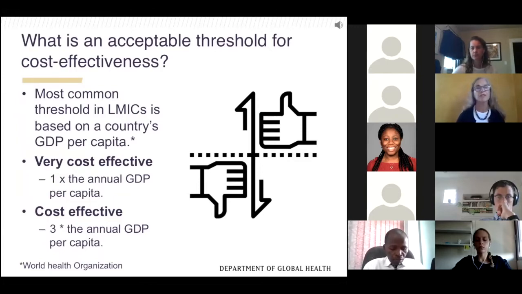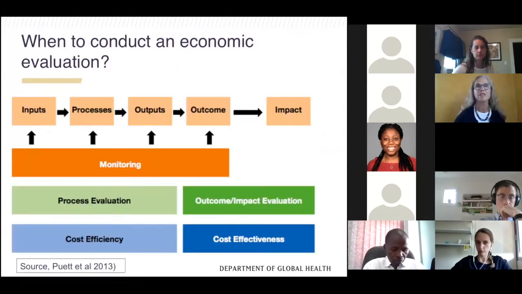And if it's 3 times the GDP, it's cost effective. Now, recently, a number of researchers have been challenging the usefulness of this threshold because so many interventions actually meet this criterion that it isn't really useful for priority setting. And so there are some recommendations to make these thresholds more locally relevant, and we've provided some references for you at the end of this presentation.